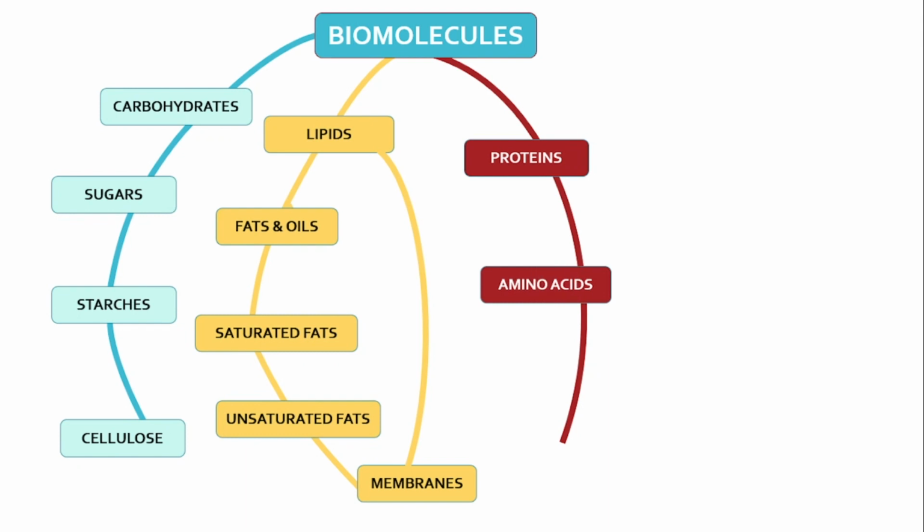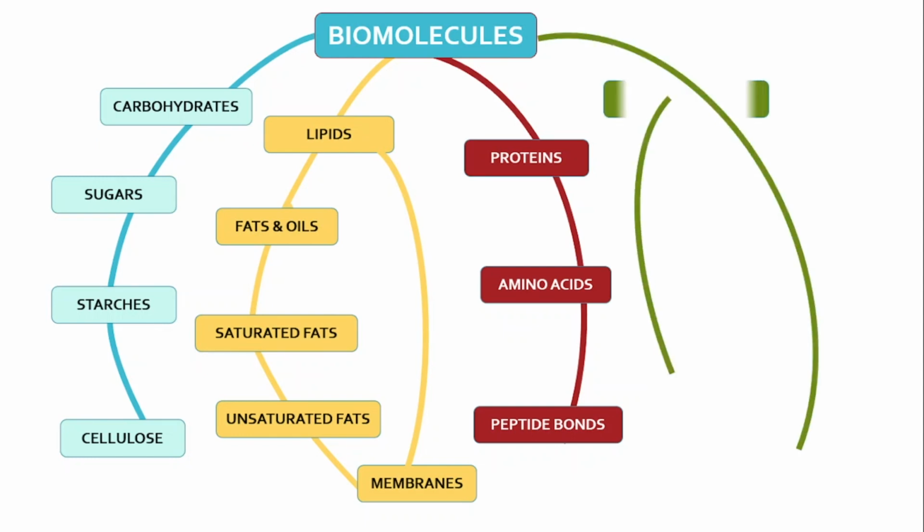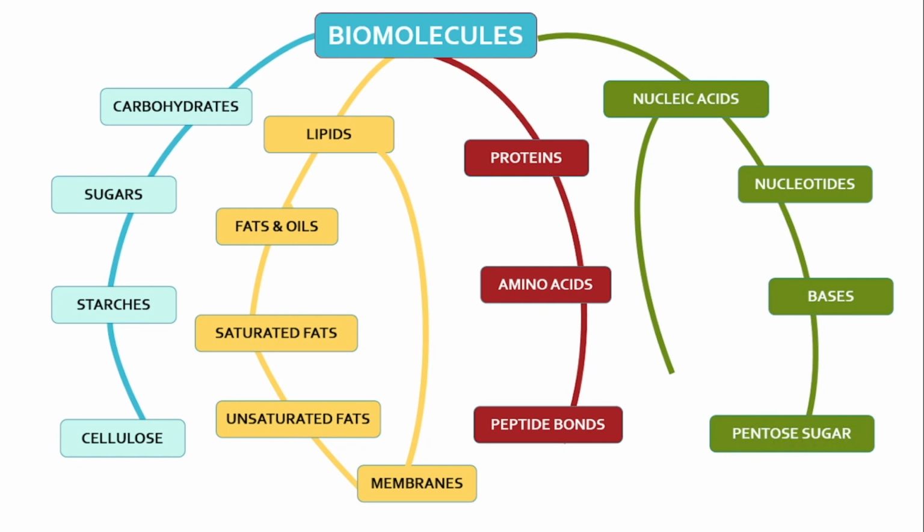Again for proteins, we have amino acids. Proteins are made up of amino acids. Amino acids are joined by peptide bonds. Then we have nucleic acids. We have nucleotides, bases, and pentose sugar, ribose sugar. Then we have DNA and also RNA. It is a simple representation to understand what biomolecules are. So it will give an idea of what comes under what.